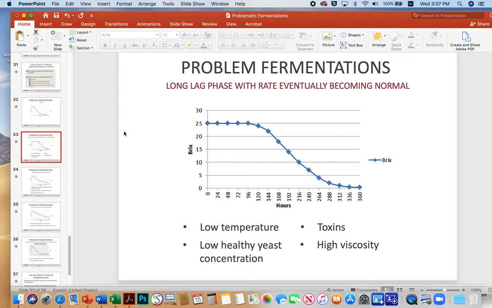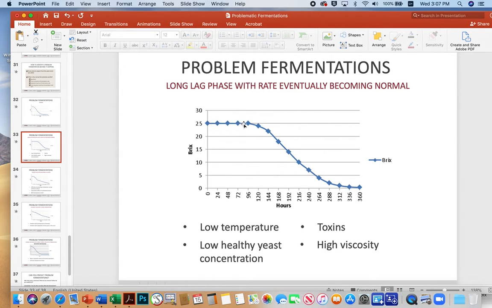Some of the problems with fermentation. In this particular example, you've got, again, Brix on the y and hours on the x, and this is a long lag phase with the rate that eventually becomes normal. So I put some bullet points down here to give you a sense for what might have happened. You could have initiated at a low temperature.